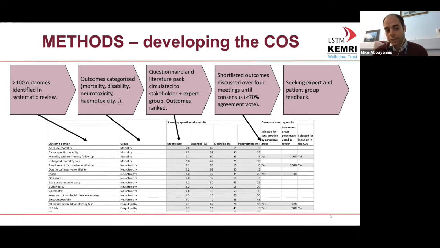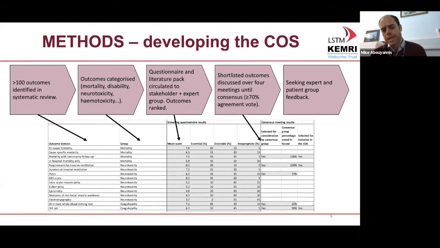And the questionnaire essentially listed all of these outcome measures and asked for them to be scored based on certain criteria. This then enabled us to rank the outcome measures and to shortlist the highest scoring ones for discussion in the consensus meetings with the stakeholder group.